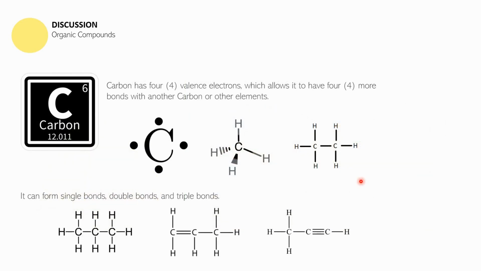And so, as I mentioned, carbon has 4 valence electrons, and it has 2 energy levels. The second energy level serves as its valence shell. So its Lewis structure looks like this, and it can have the following kinds of bonds. So first is methane.